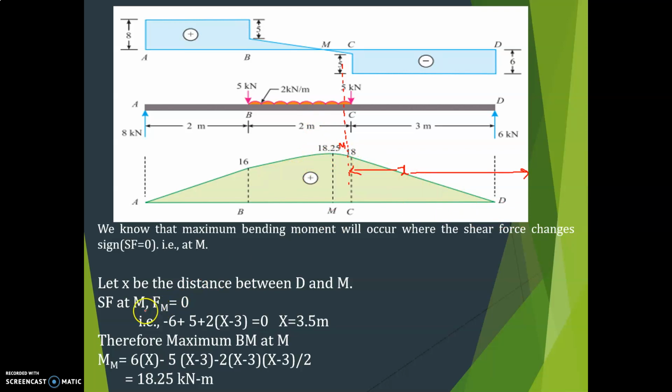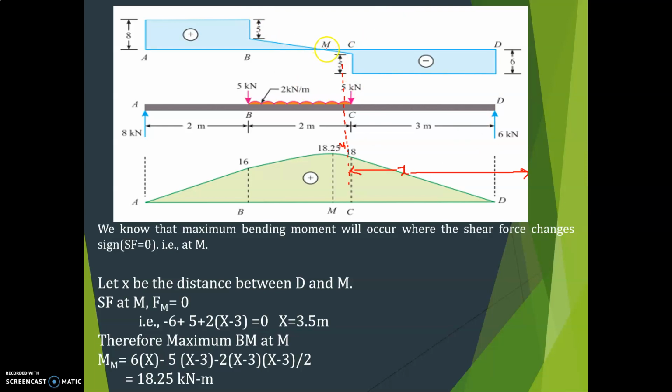Okay, here you have to calculate where the maximum bending moment occurs. Where the shear force changes its sign, there will be the maximum bending moment, right? So it means shear force equal to 0 at that point. Here you can see the change in the sign, this is minus, this becomes plus.